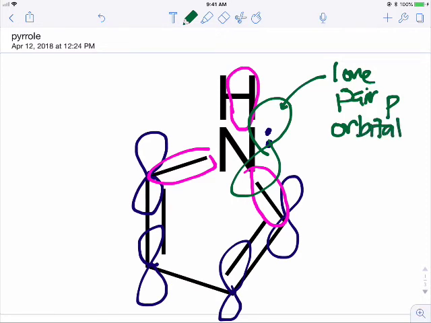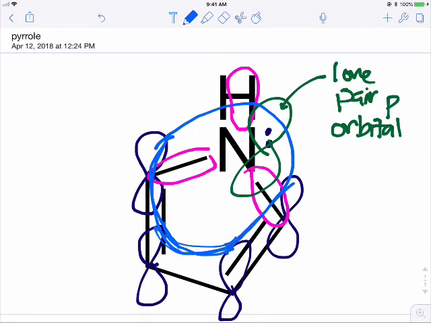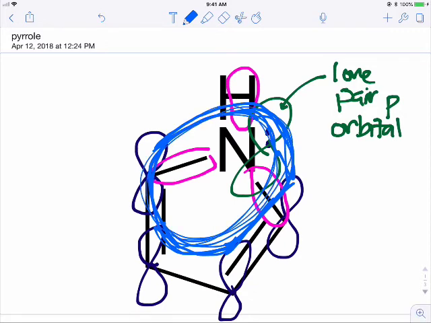So again, we now have that pi system where all the p orbitals can mix. Carbon 1 can mix with carbon 2, carbon 2 can mix with carbon 3, carbon 3 can mix with carbon 4, carbon 4 can mix with nitrogen, and nitrogen can mix with carbon 1. So we get this racetrack again. We have a completely cyclic conjugated system.